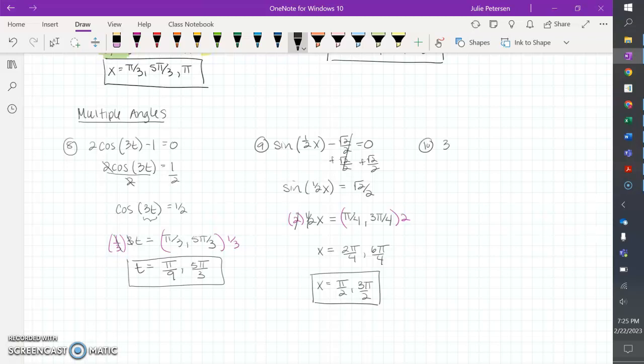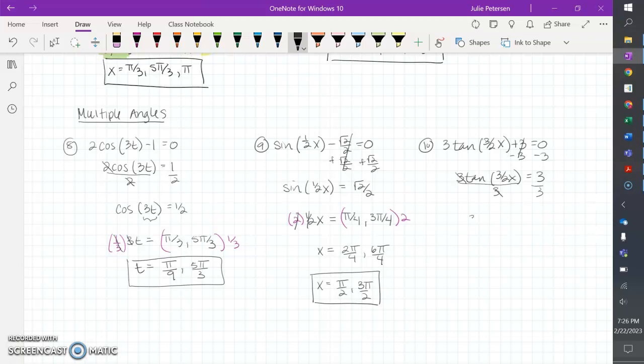All right, so if I have 3 times the tangent of 3/2 x plus 3 equals 0. All right, just like we did in all the other problems, we're going to isolate the tangent and the angle. So first things first, minus the 3. And then this 3 in front of the tangent's in the way, so we're going to divide by 3 on both sides.